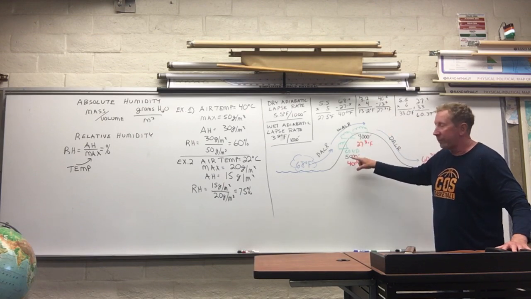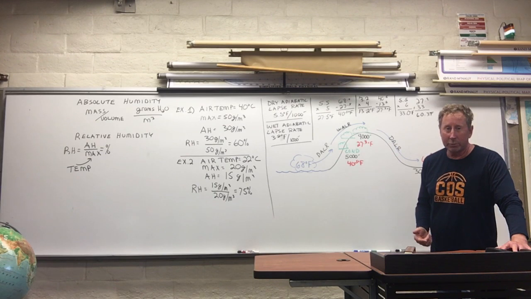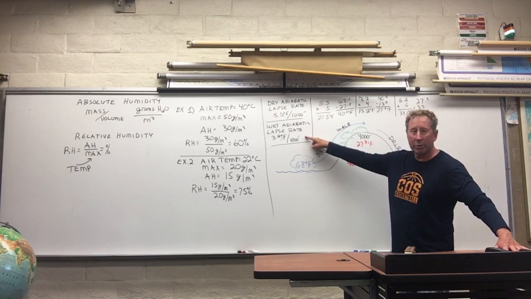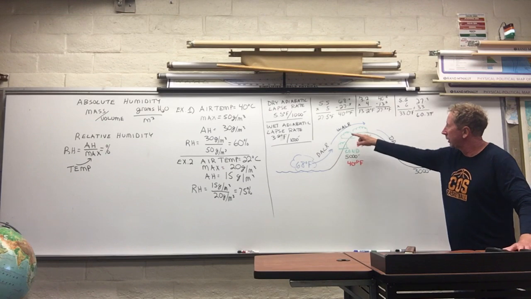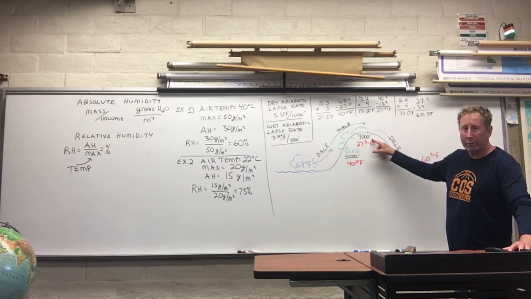Now, from 5,000 feet to 9,000 feet, the air is rising and it's condensing. We're forming clouds. We're getting rain, maybe snow if it's cold enough. So I switched to the other rate, which is 3.2 per every 1,000 feet. That's called the wet adiabatic lapse rate. So I went 3.2 times 4 for 4,000 feet.